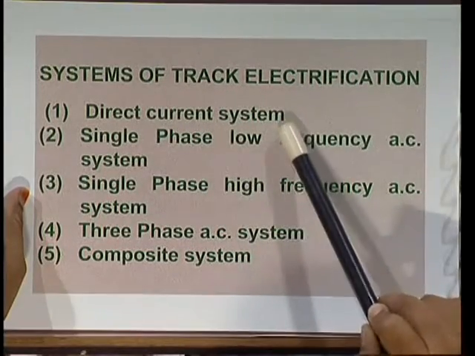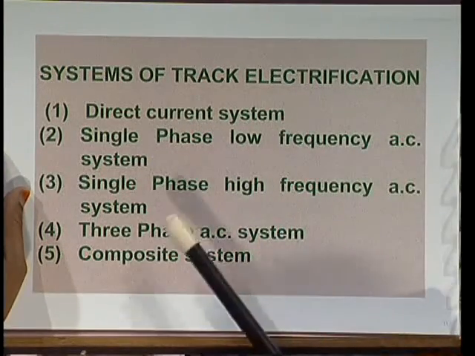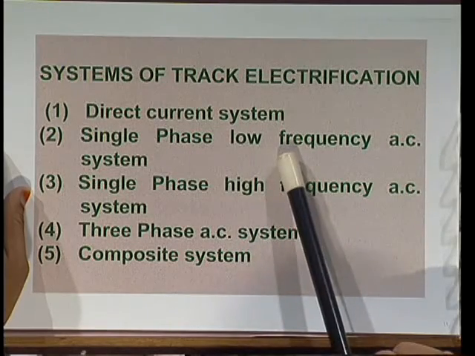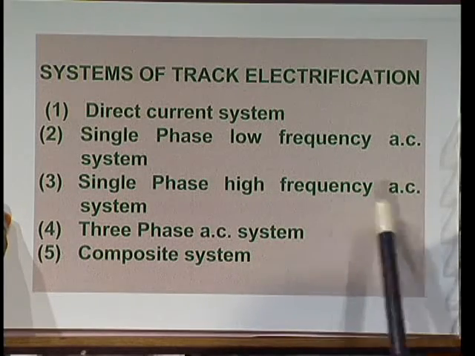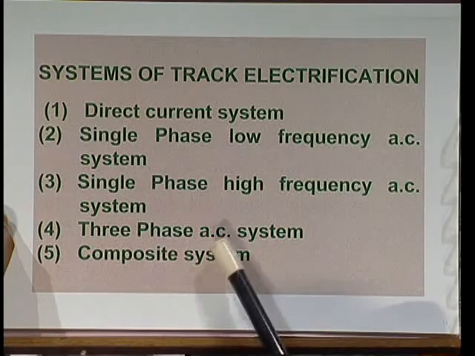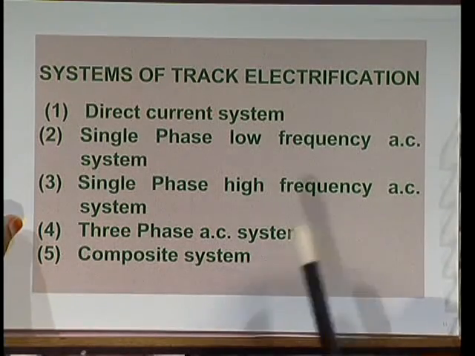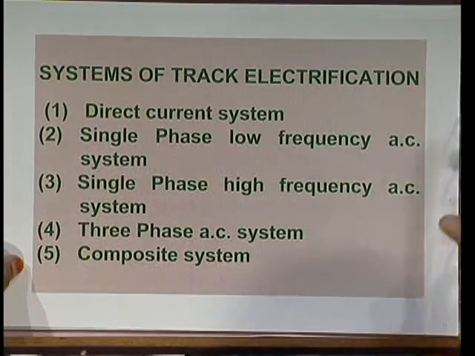They are the direct current system or the DC system, single phase low frequency AC system, single phase high frequency AC system, 3 phase AC system and composite system. Before going into details of these systems, we will just have a look at the various equipment used in these systems. The first is the electric locomotive.